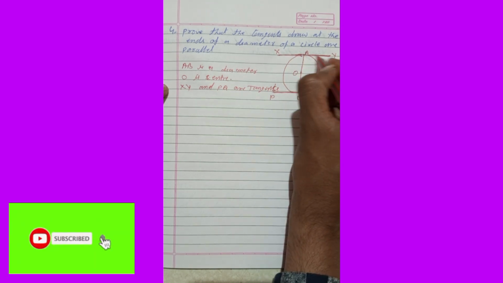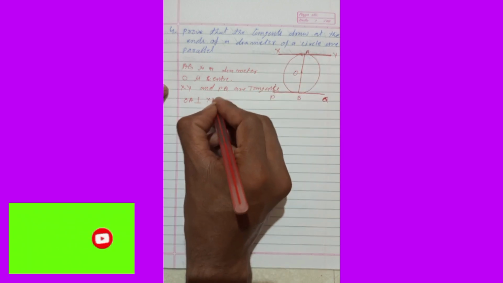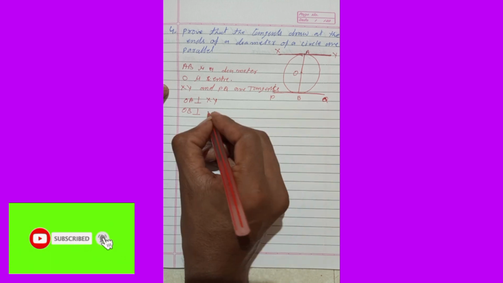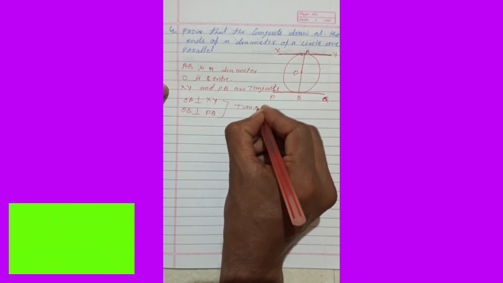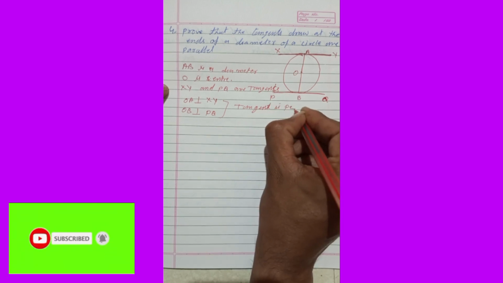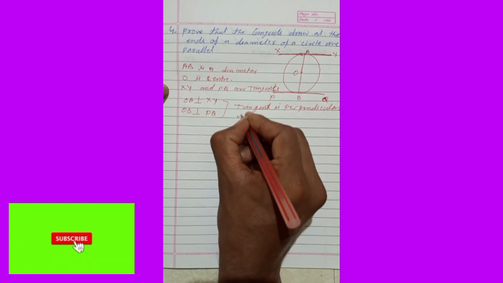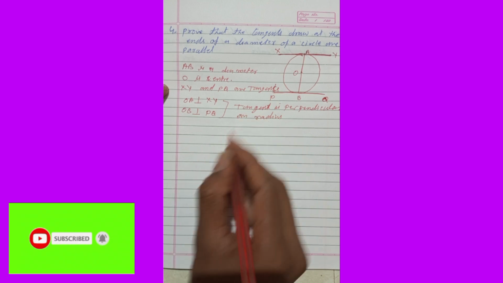So we can write OA is perpendicular to XY and OB is perpendicular to PQ, because the tangent is perpendicular to the radius.